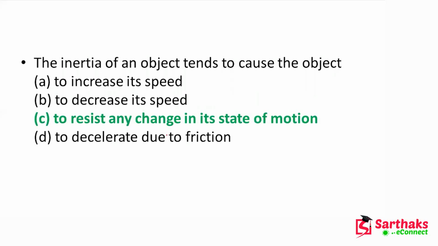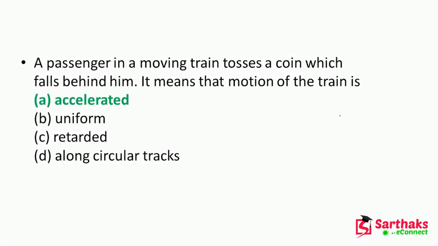Always we are applying force to overcome the inertia. Inertia is the basic property of any object, right? So that's why it resists any change in its state of motion. A passenger in a moving train tosses a coin, which falls behind him. It means the motion of the train is accelerated. So the train is accelerated.